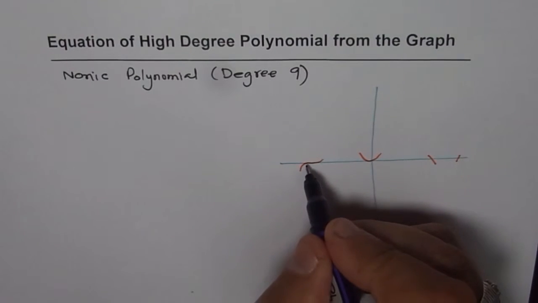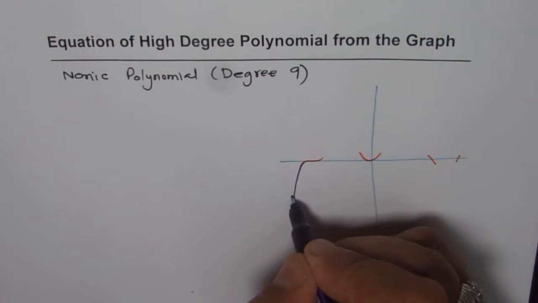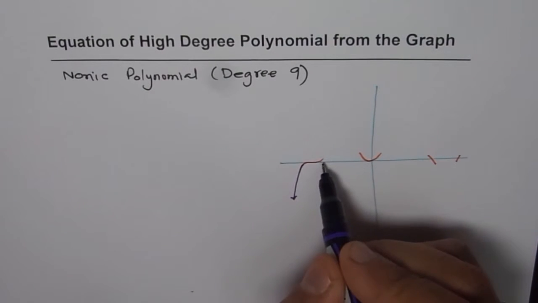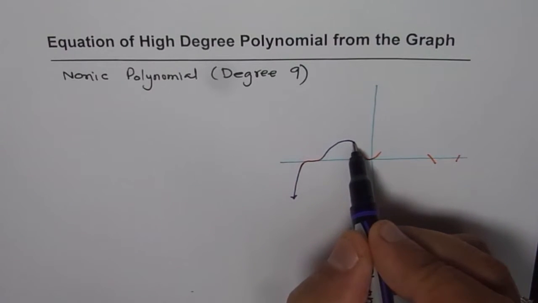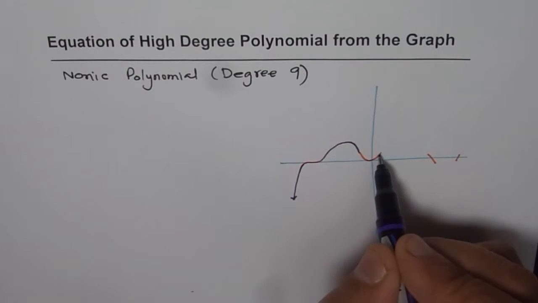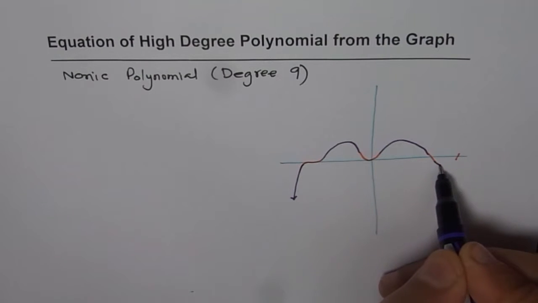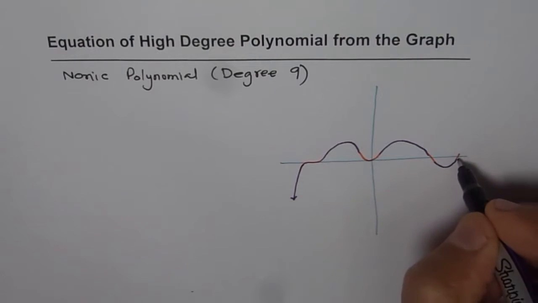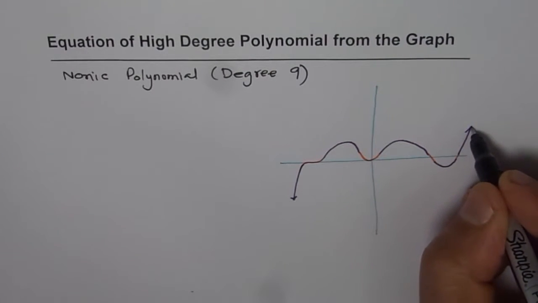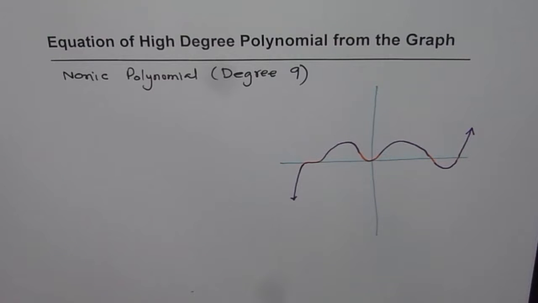Okay, so let me connect some lines to make a polynomial with the help of smooth lines. So that forms a graph for us, right? Connecting the zeros. And let's say we go up from there, and then we go like this. Now this becomes an odd degree function, so we can now say this could be a nonic polynomial, right?